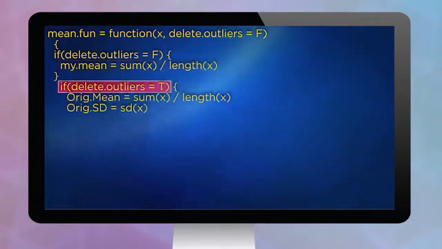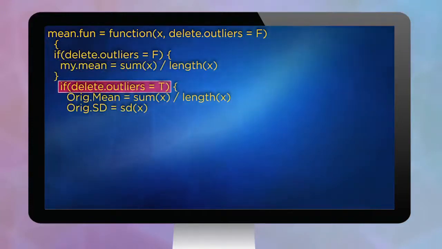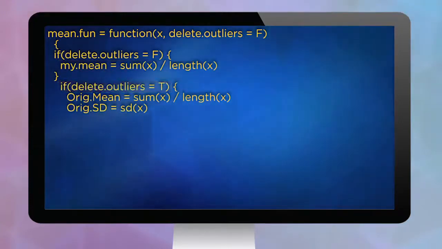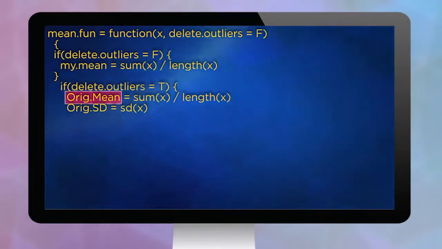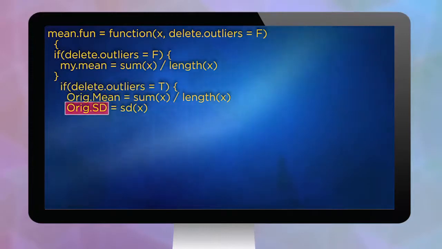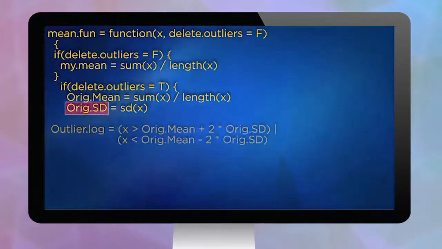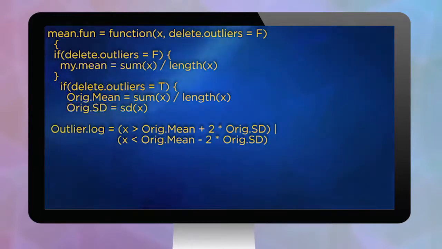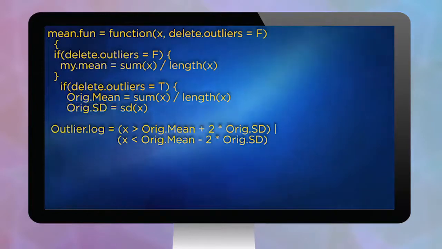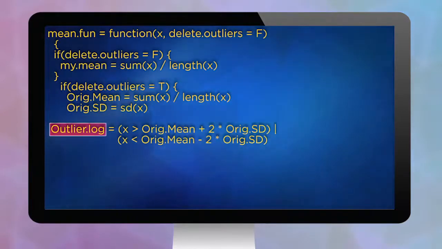But if delete.outliers equals true, then first I'm going to calculate the original mean, so that's my orig.mean, and my original standard deviation, orig.sd. And then I'm going to take the outlier log. So now I want to find all the outliers in my data set. So here's what I'm going to assign to that outlier.log variable.